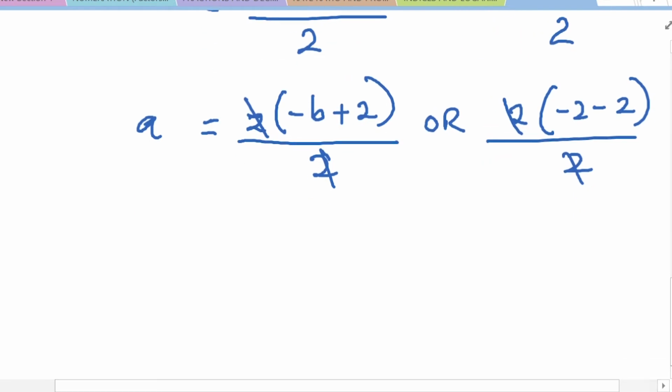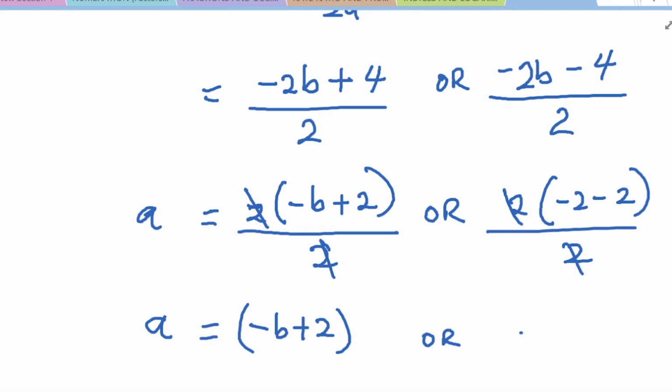When those 2 cancel, you will end up with my value of a is negative b plus 2, or my a is negative 2.